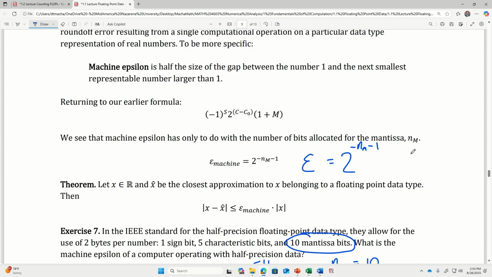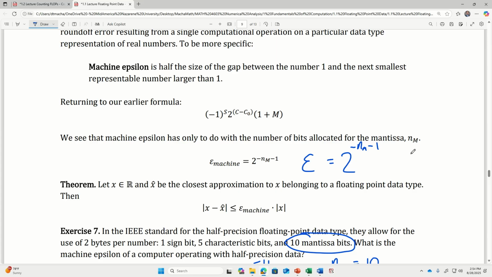The characteristic is the only thing that really matters when you're talking about how big and how small the numbers you can reach are. Like if you want 5 times 10 to the power a million, then you would really need a really large characteristic. The characteristic tells you how large the numbers are and how small the numbers are that you can reach.